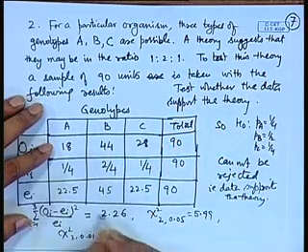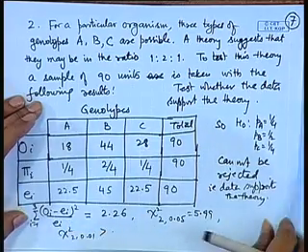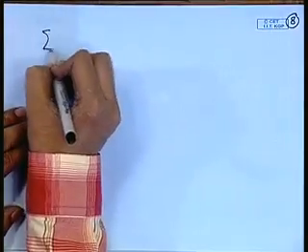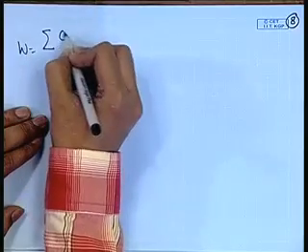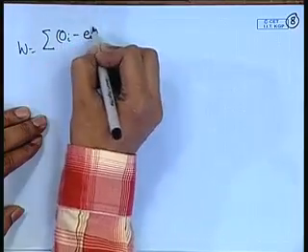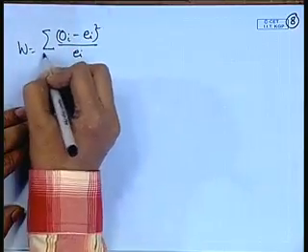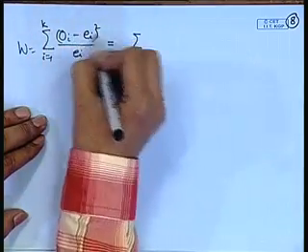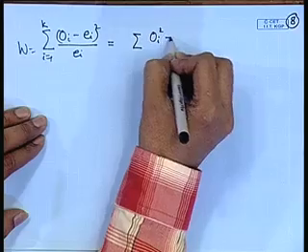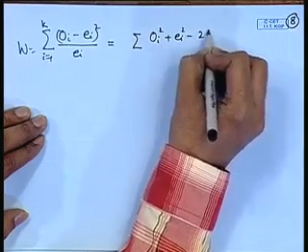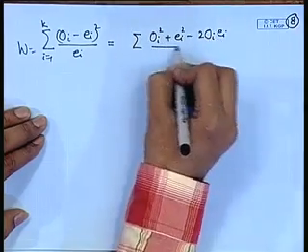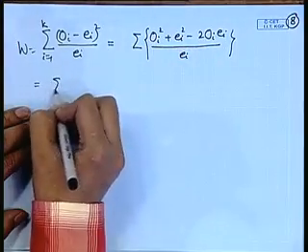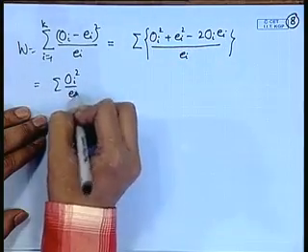Here, one point about this calculation also: this formula which we have given here, sigma (Oi minus Ei) square by Ei, one can actually have an alternative form for this. We can consider expanding this term. So, it is Oi square plus Ei square minus twice Oi Ei divided by Ei, that is equal to sigma Oi square by Ei.